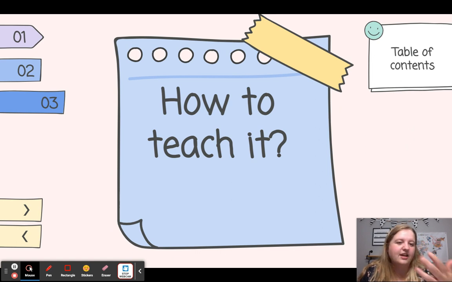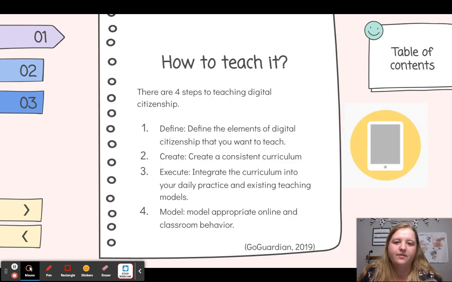How to teach digital citizenship? So there are 4 steps. As a teacher, you need to ask yourself and define the elements of digital citizenship that you wish to teach in your classroom. The second one is to create a consistent curriculum that starts small and builds up, and it meets all of the different parts of digital citizenship.